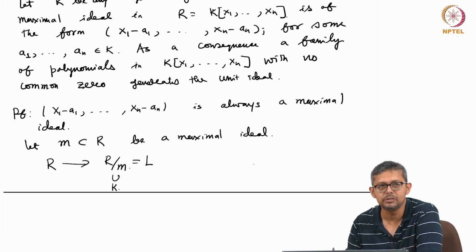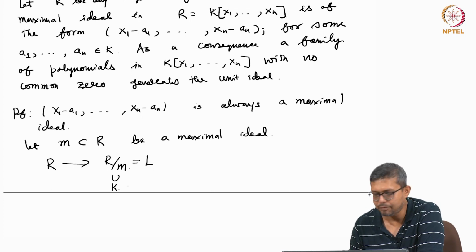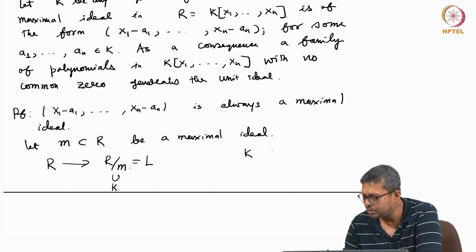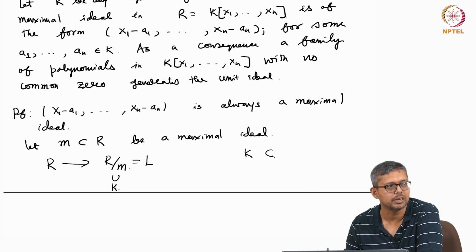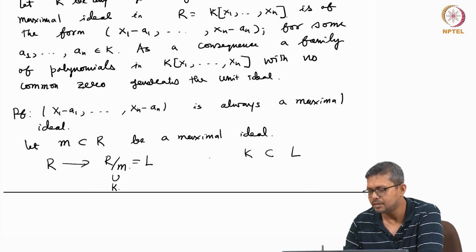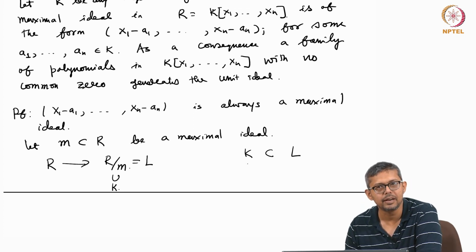Now, L is finitely generated over K. This is where integral extension comes in. If L is of finite type, that means a finitely generated algebra over K, then L is algebraic over K.